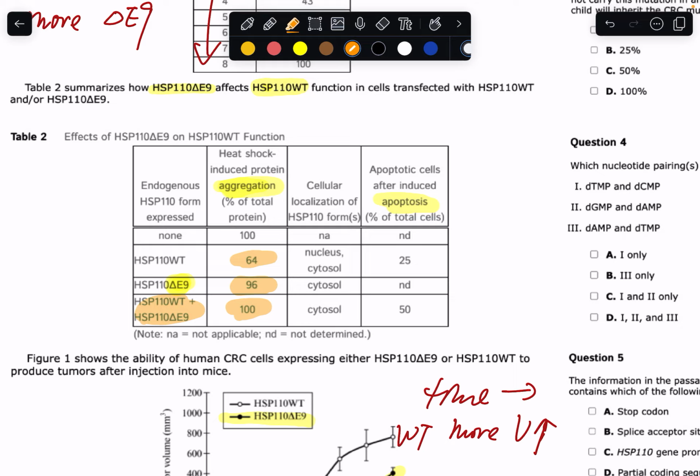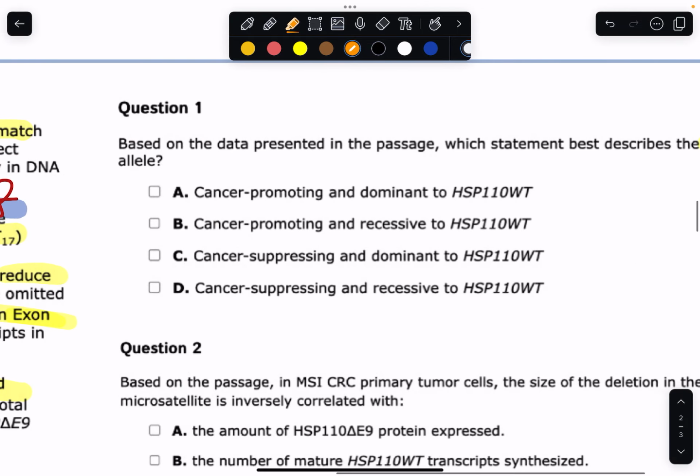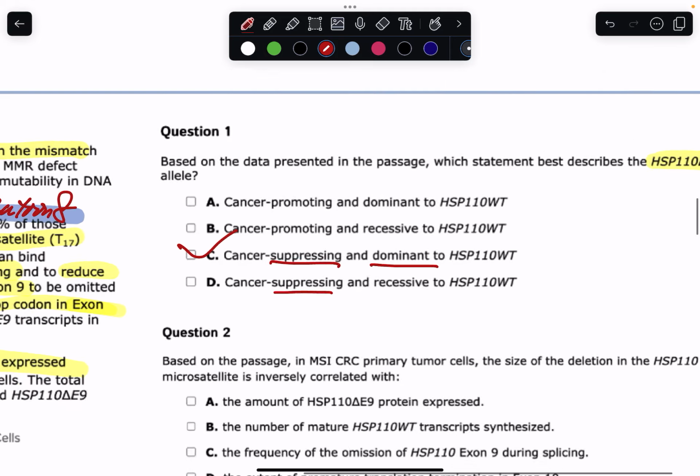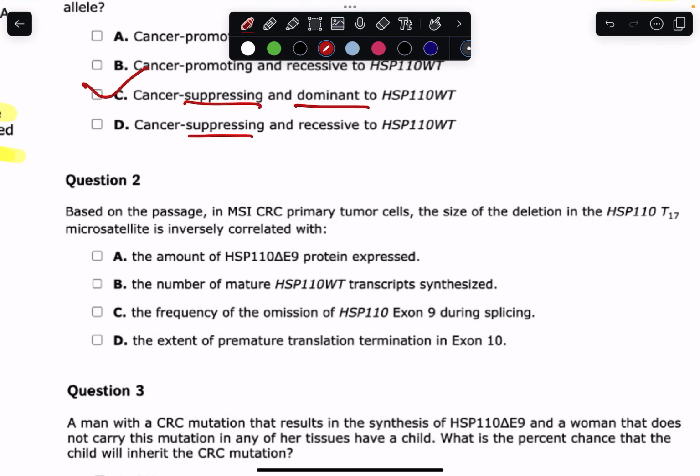So that means that this is dominant to the wild type one. Okay, so I'm going to pick the one that says suppressing and dominant. Okay, so C is my answer. Okay, and then question 2. Based on the passage, in MSI CRC primary tumor cells, the size of the deletion in the HSP110 T17 microsatellite is inversely correlated with.